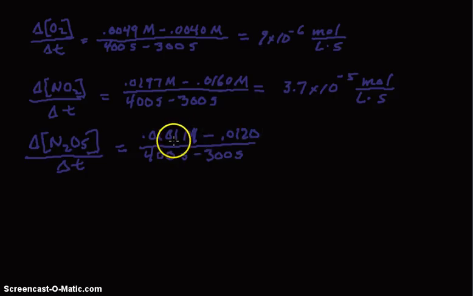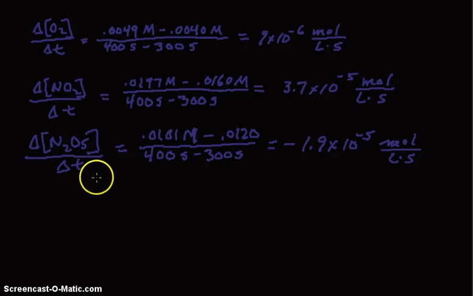So notice here that the concentration is diminished at 400 seconds over what it was at 300 seconds. So this is going to work out to be a negative 1.9 times 10 to the minus 5 moles per liter per second.